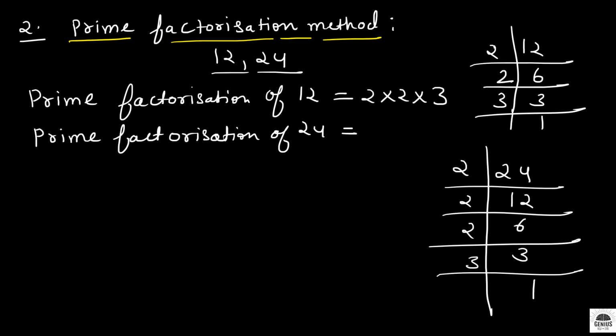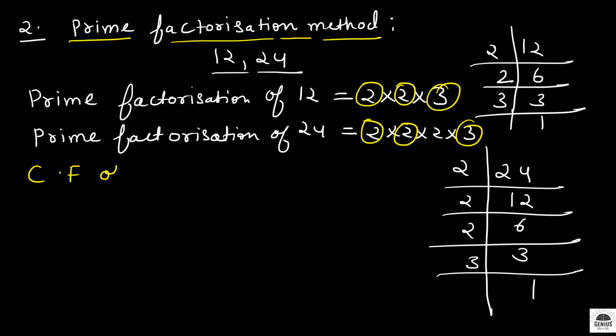So the prime factors of 24 are 2 into 2 into 2 into 3. Now we will circle all the common factors of these numbers. So the common factors of 12 and 24 are 2, 2 and 3.